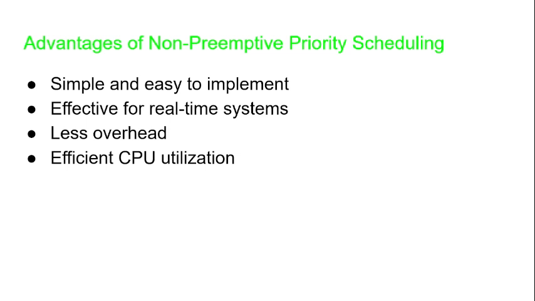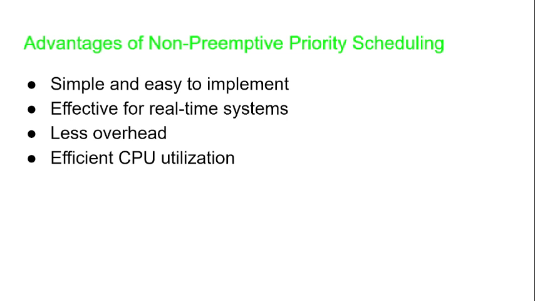So now the advantages of this non-preemptive priority scheduling. It is simple and easy to implement. It is conceptually straightforward and has little overhead, since no context switching occurs during execution.